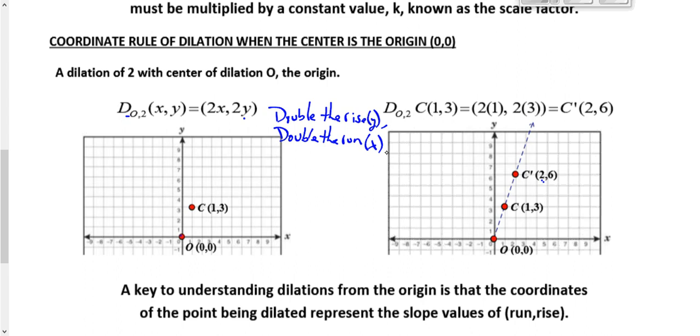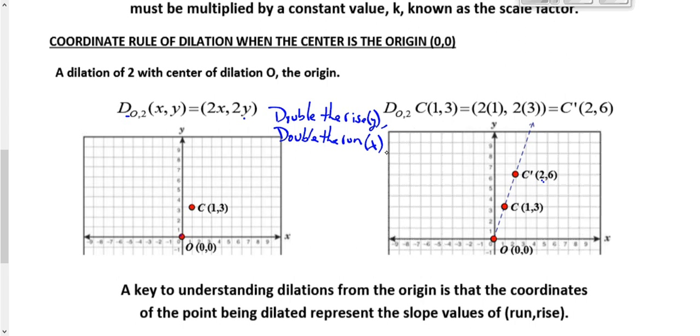Let me ask you this. What was the original run from the center to point C? 1. What's the new run? We doubled it. You get the idea? So ax, ky. Originally from the origin, the run was 0 plus what? 1. And the rise was 0 plus what? 3.